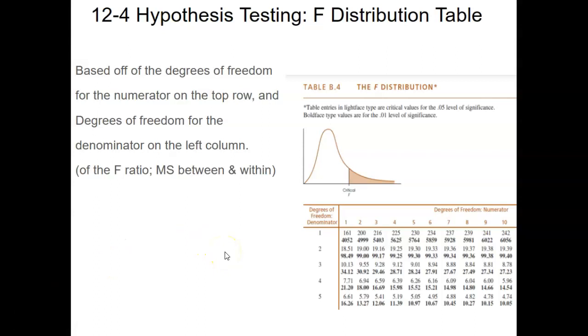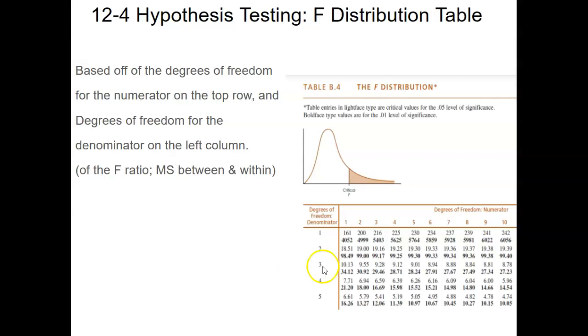So we're going to also learn a new table. The table is based off of the degrees of freedom of the numerator, the mean squares between, and the degrees of freedom of the denominator, the mean squares within.